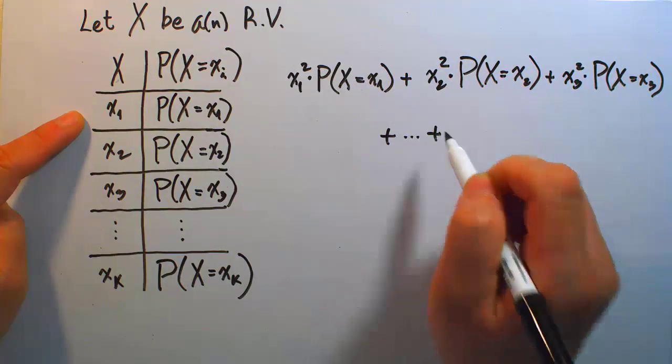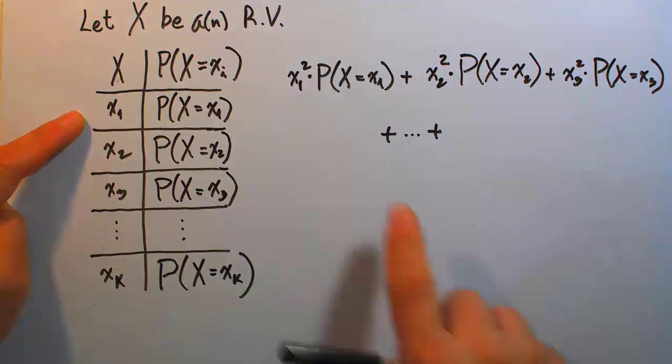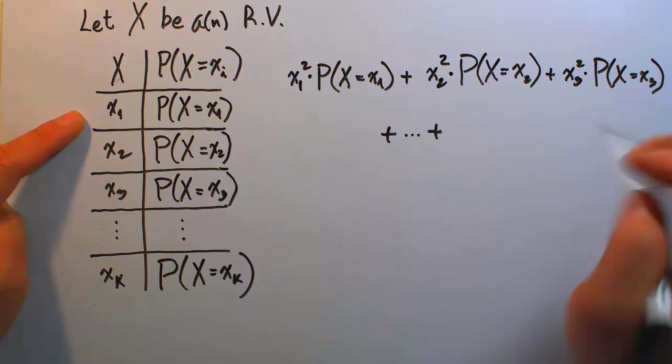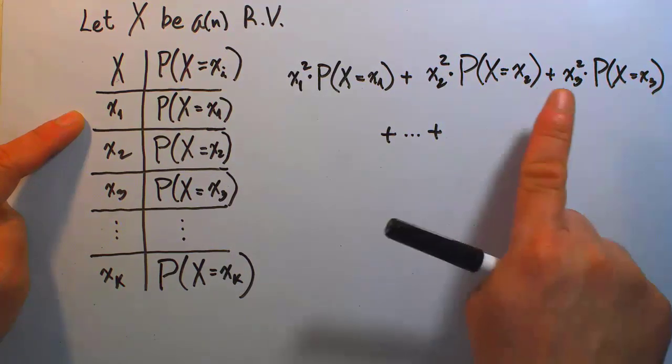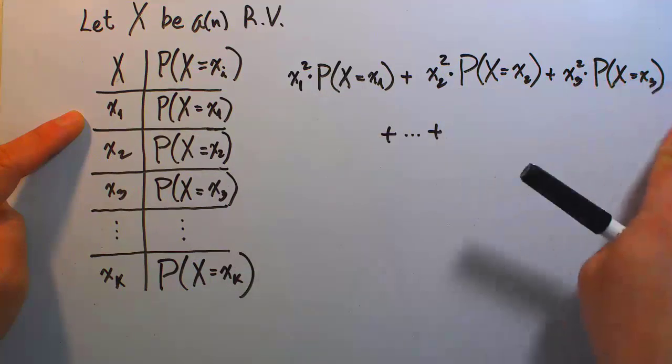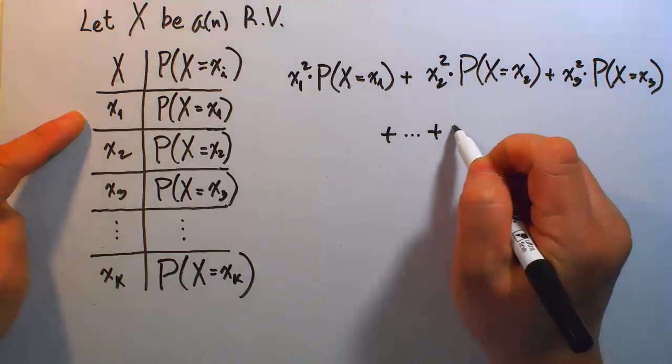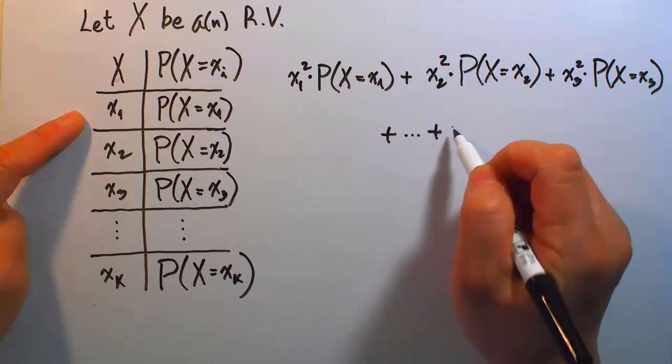And like I said again, my board space is short, so I can't write any further out to the right-hand side, but think about when we're actually doing the work, we just continue further to the right-hand side until we hit the end of our probability distribution.